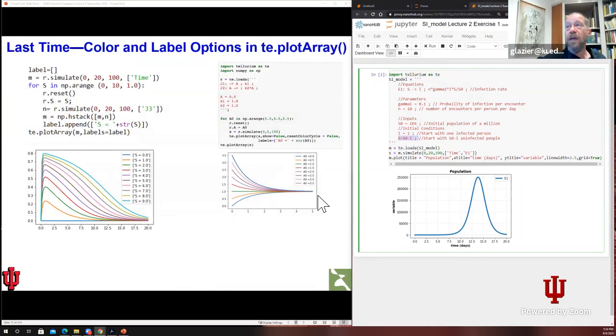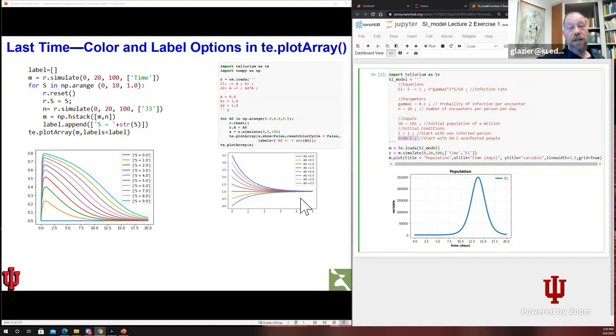The only other thing that we really did last time that's hard to remember, and this is all in that Python cheat sheet and also some in the Tellurium cheat sheet, is some of the plotting commands. You can always use matplotlib if you prefer it, but the plot commands that are packaged with Tellurium have their own set of axis definitions and things like that.